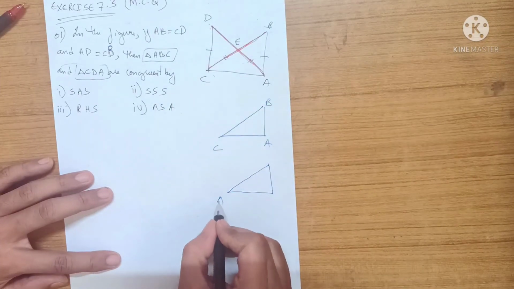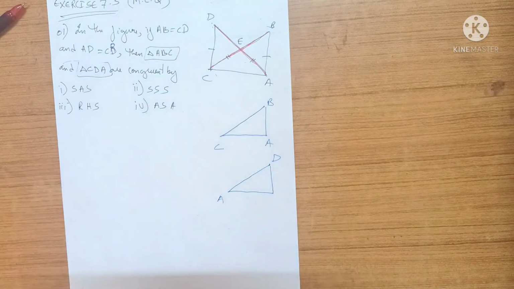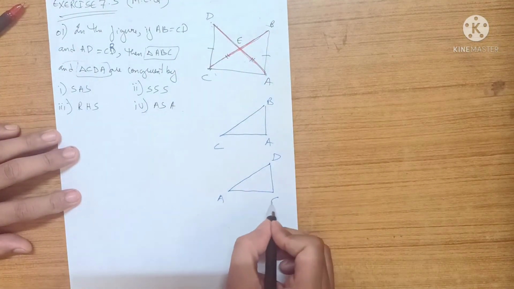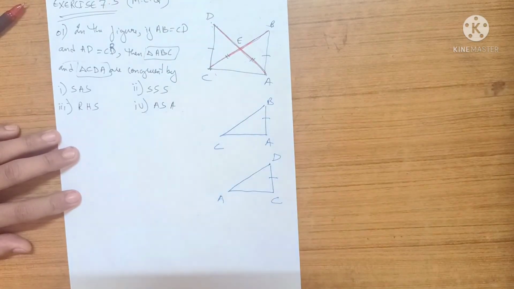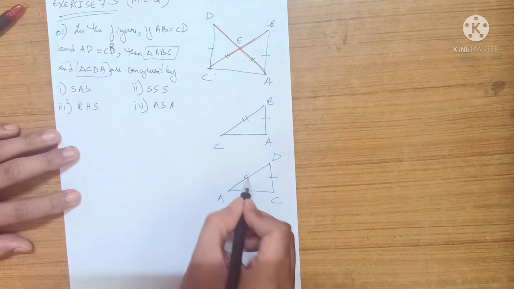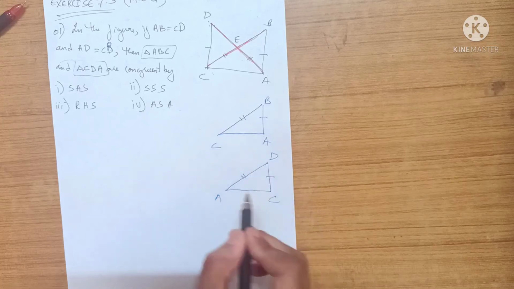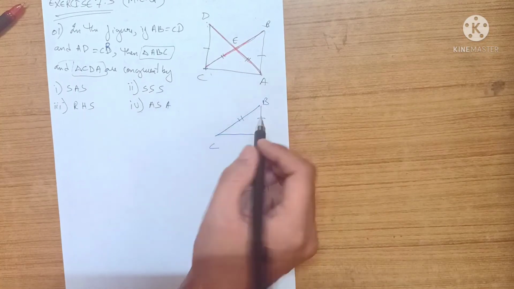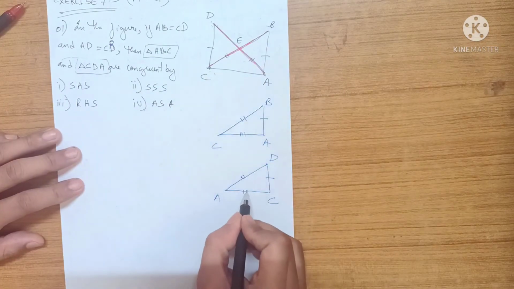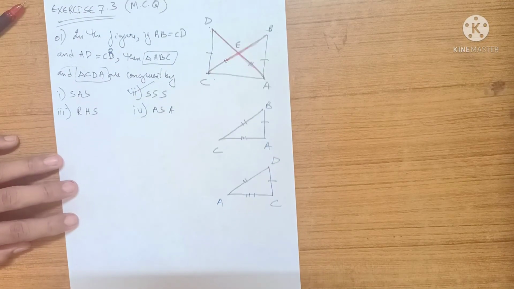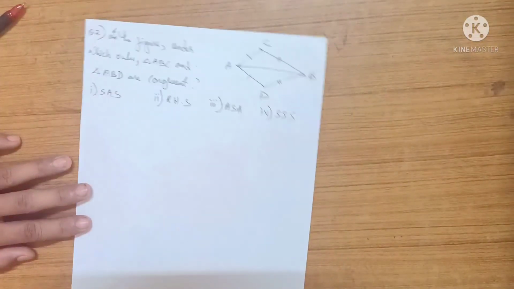So I have to draw AD. And then they already said CD is equal to AB, so this is equal, this is equal. Now what else is there so that we can show it is equal? We can notice that there's an AC here, there's an AC here, which means this same AC. So this and this are equal, which means by what rule? SSS rule, okay.